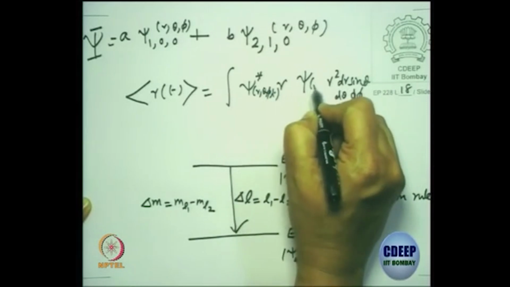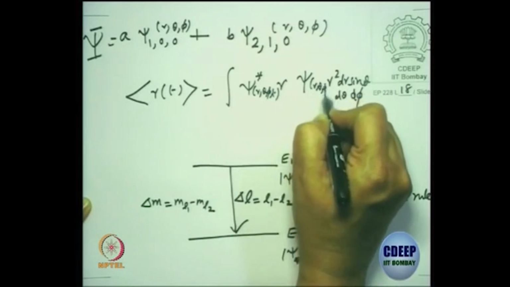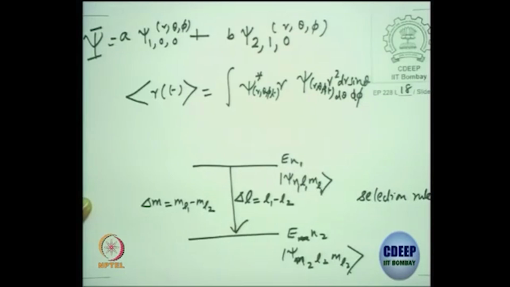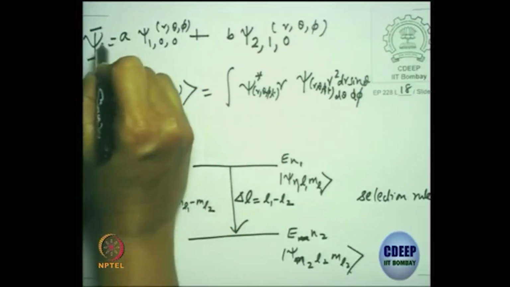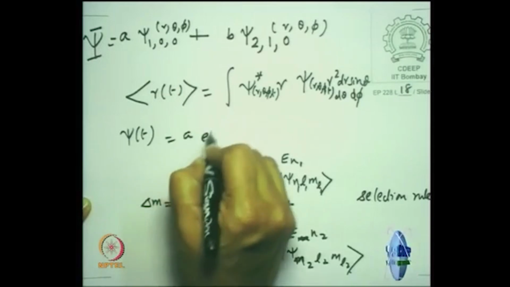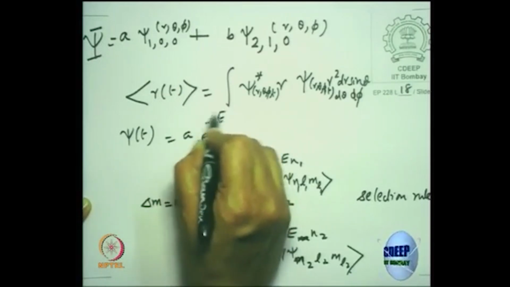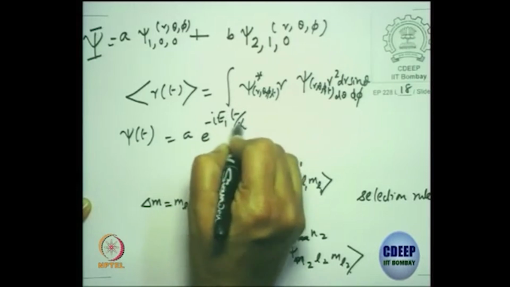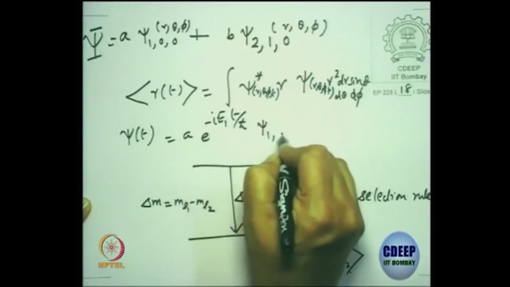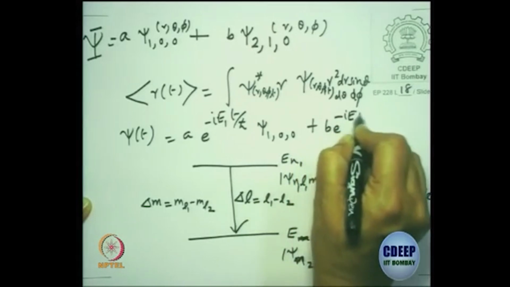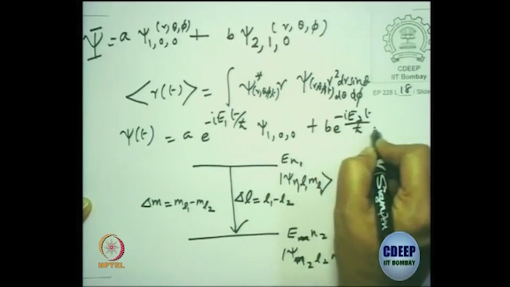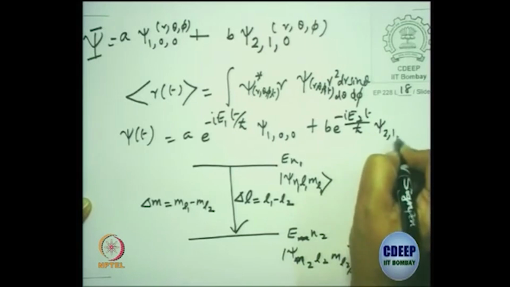What do you have to do there? You have to write psi at t will be a e power minus i E1 t over h cross psi 1 0 0 plus b e power minus i E2 t over h cross psi 2 1 0. Is that right?